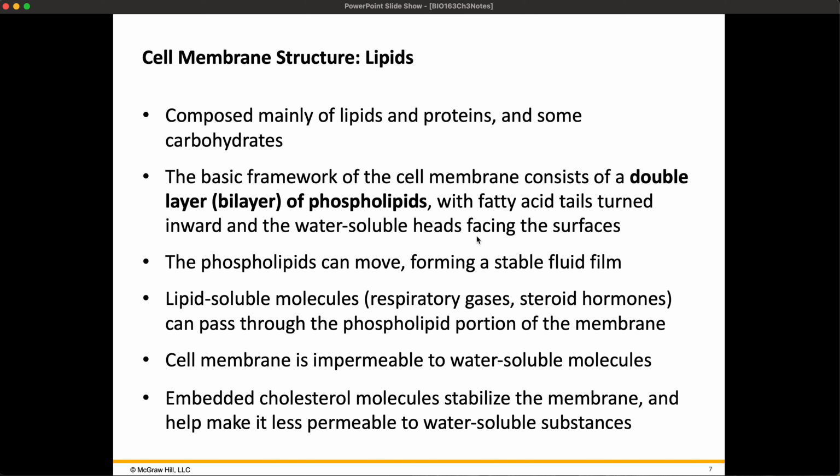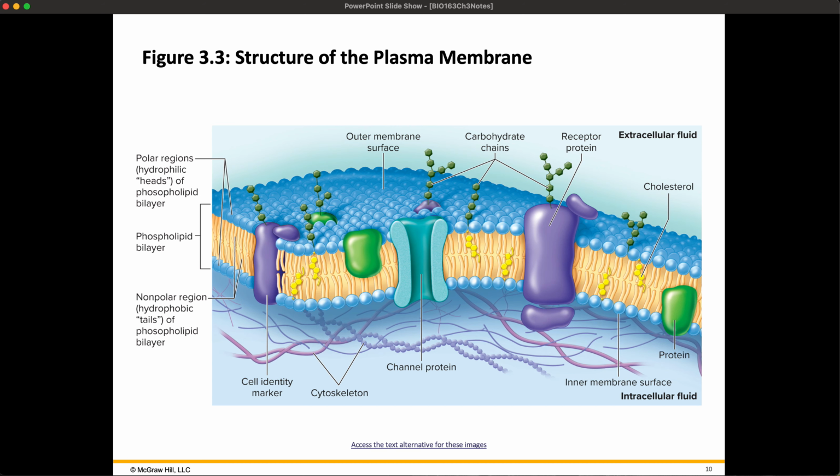Think of a lollipop. Let me show you the picture of this plasma membrane. These yellow fatty acid tails point towards the inside, and the blue round phosphate heads point to the outside.